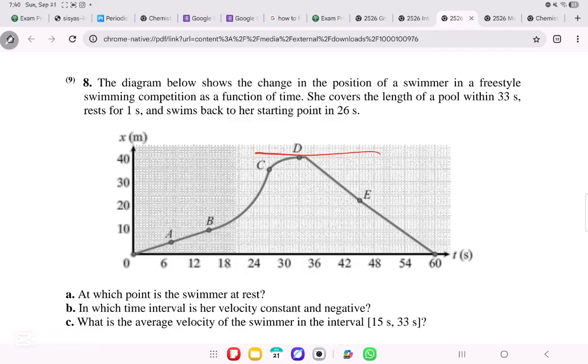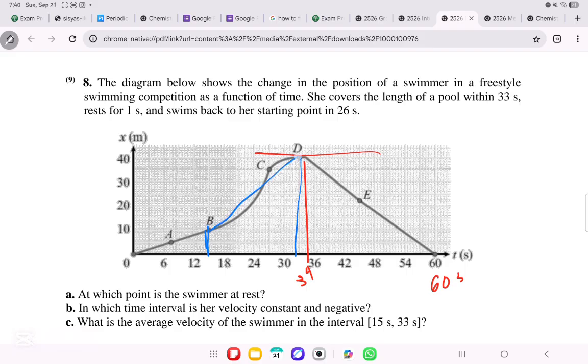In which time interval is her velocity constant and negative? It is from time interval 34, let us say, all the way till 60 seconds. So 34 seconds until 60 seconds. And what's the average velocity of the swimmer in the time interval 15 seconds and 33 seconds? We'll go to 15, which I believe is over here, and 33, which I believe is over here as well.